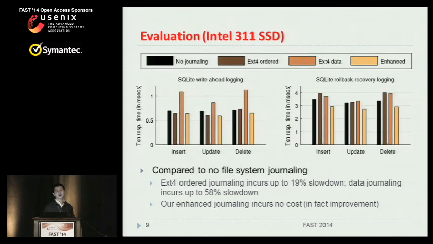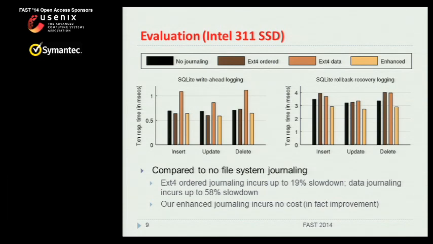Here are the evaluations. We're running some insert, update, and delete transactions against the SQLite database. This experiment is done on a conventional machine with Intel 311 solid-state storage, and we compare the case when SQLite runs on the ext4 file system with no journaling, with ordered journaling, and with data journaling.